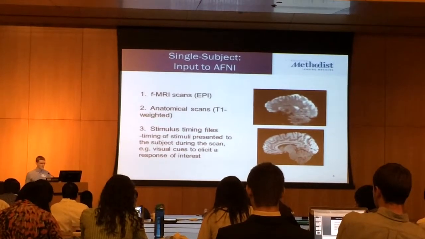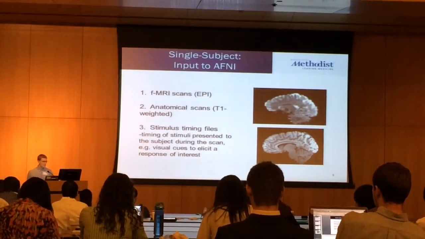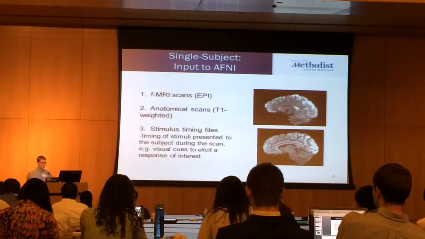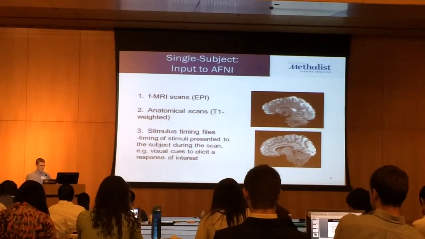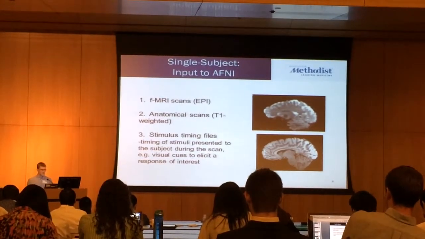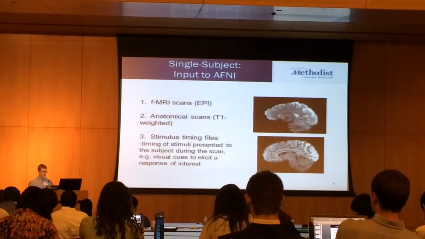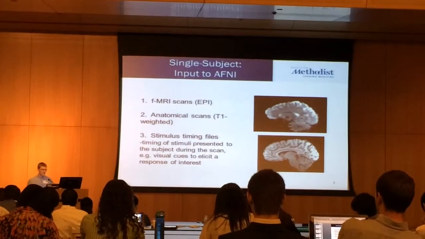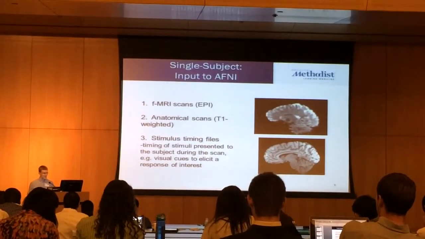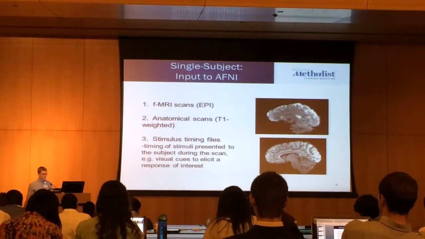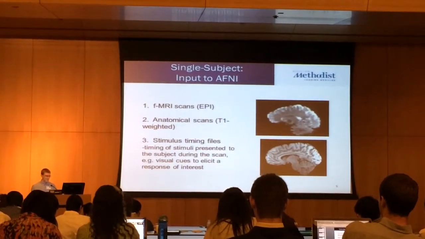So the first part of that, single subject: the input to AFNI consists of three types. The first is fMRI data, which is basically a measure of the functional activity in the brain across the full brain over time. So that data consists of both 3D and time.